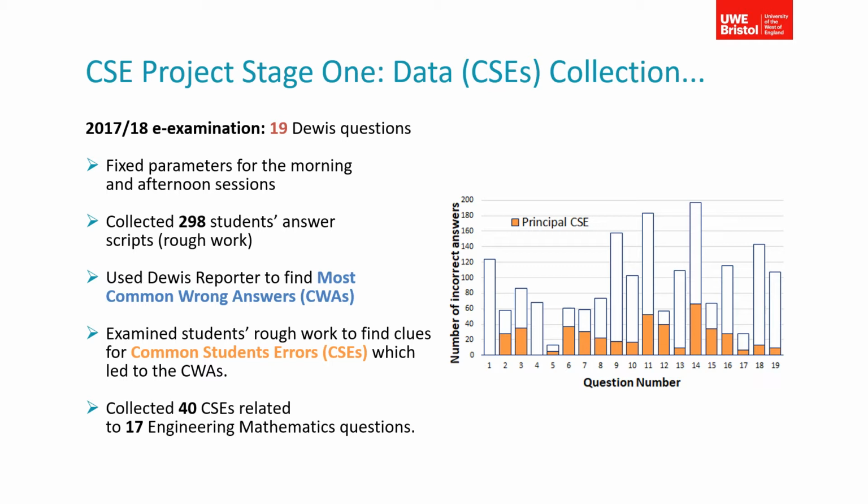I found 40 CSEs in 17 questions of the exam. I couldn't find any CSEs related to question 1 and question 4 of the examination. The bar chart on the right-hand side shows the number of times the principal CSE was triggered and the total number of incorrect answers for each question.